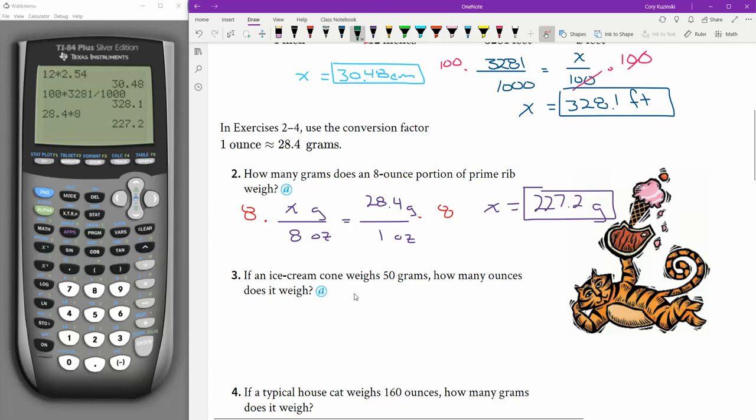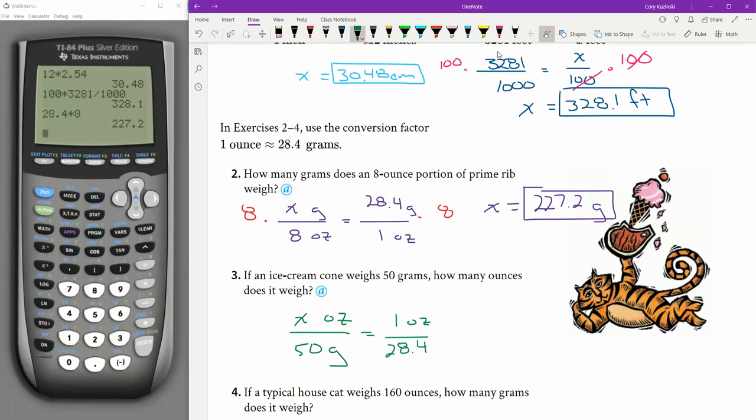If an ice cream cone weighs 50 grams, how many ounces does it weigh? So let's go x ounces. That's where I always start with my unknown. And let's do 50 grams. Then, what do we know? We know 1 ounce is 28.4 grams.